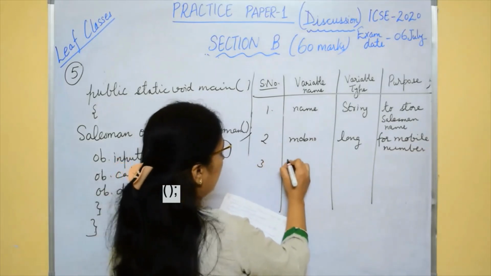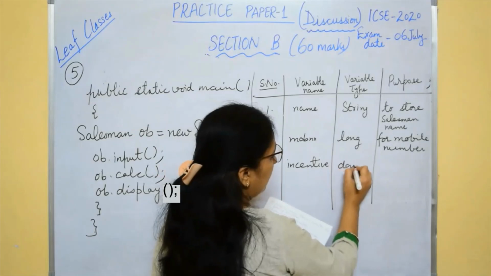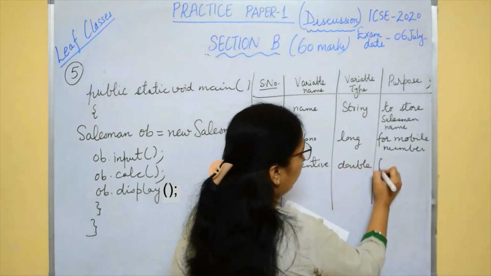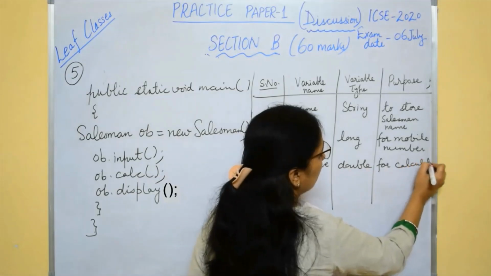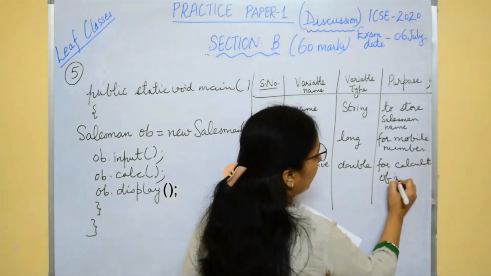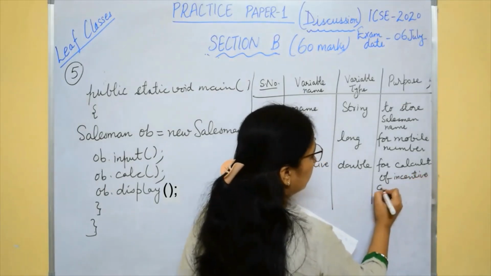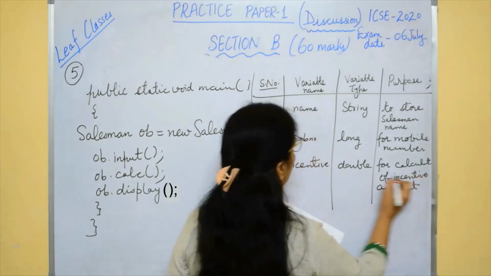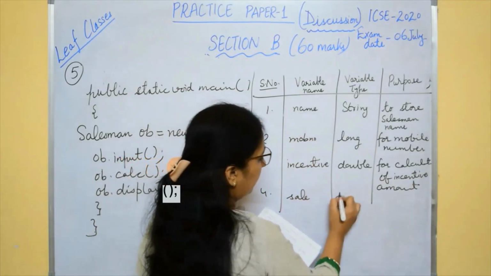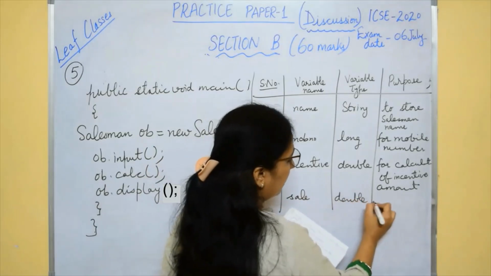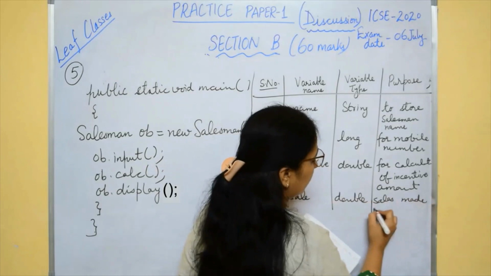Then third is incentive, it is double type, for calculation of incentive amount. Then you have sale, double, sales made by the salesman.